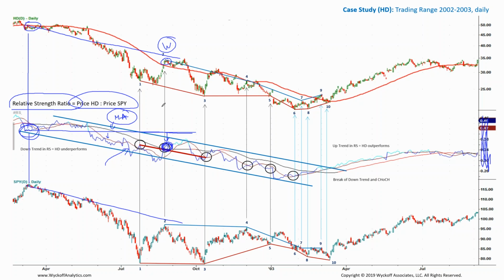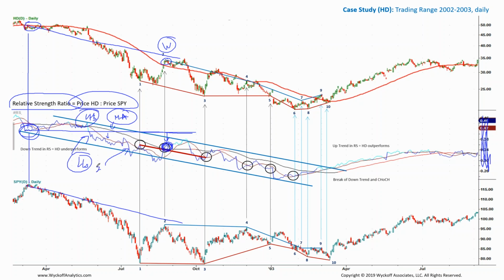So you're going to apply the same trending tools or oscillating tools that we would use in our price trend analysis. Therefore, if we would look at this blue line, the relative strength ratio line, and give that line a definition of the trend, what would we be saying here? We're seeing lower highs and lower lows.